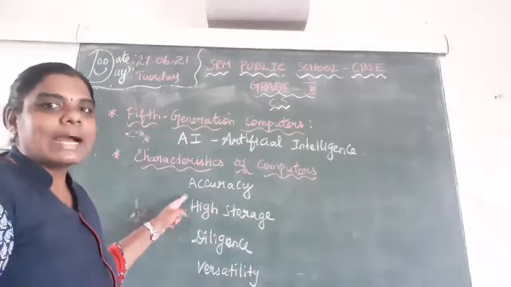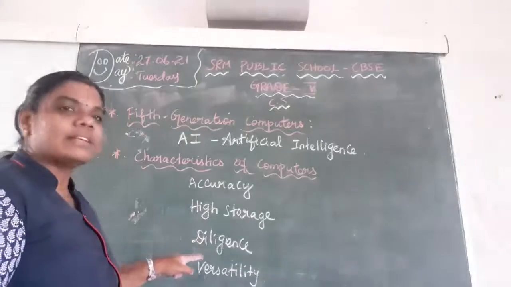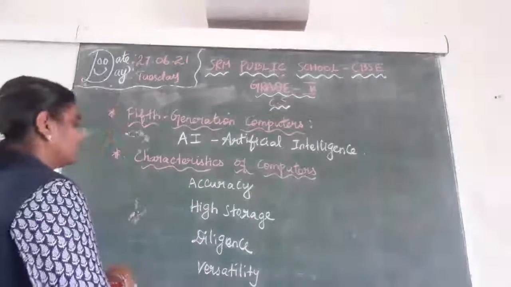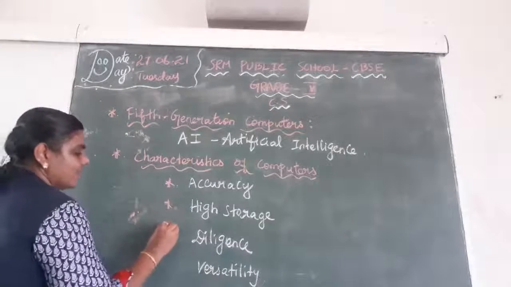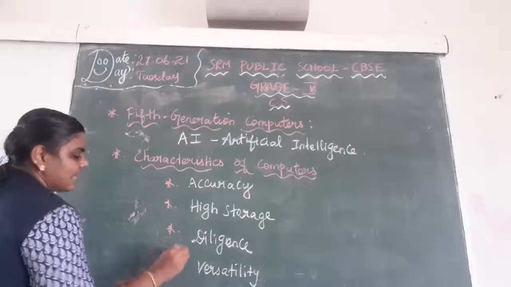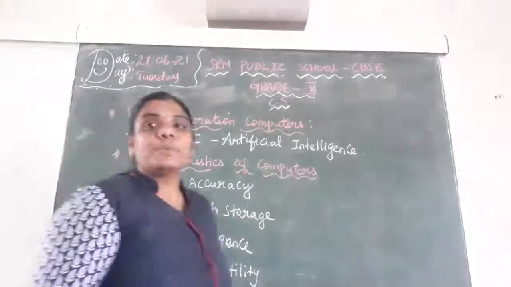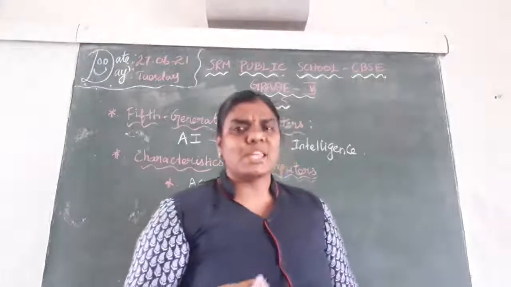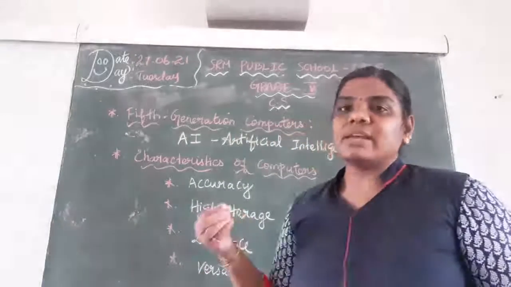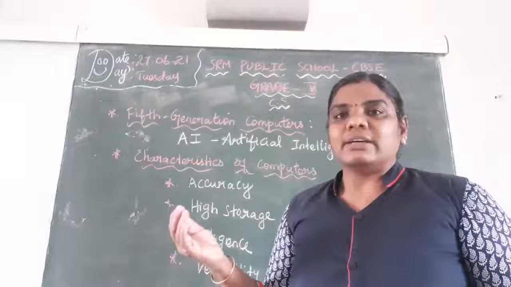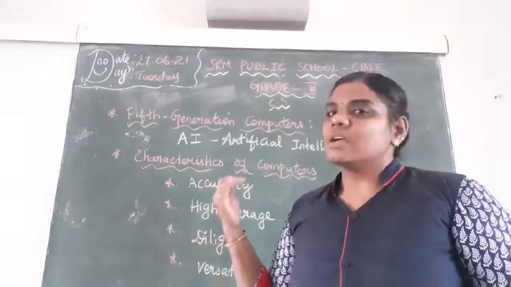So next one, what are the characteristics of computers? Accuracy, high storage, diligence and versatility. The computer will give accurate results, right? High storage: we can store much data and information in the computers.